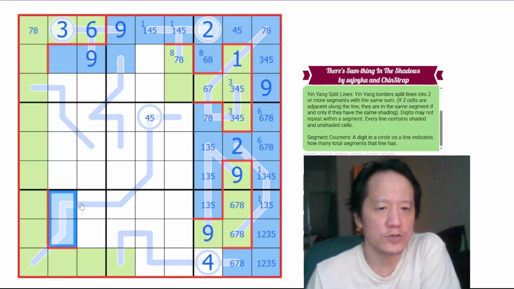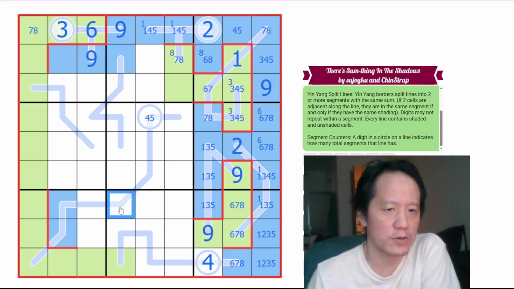So if it goes 2 here, 2 here, it would have to go at least 2 here, 2 here. If it goes 3 here and 1 here, it could go 1 here and then 3 here. So 1, 2.